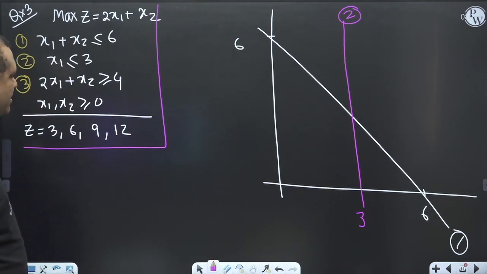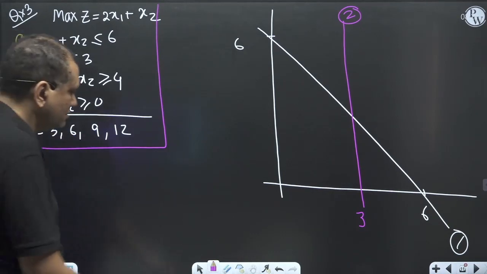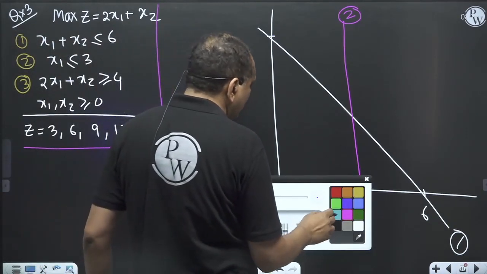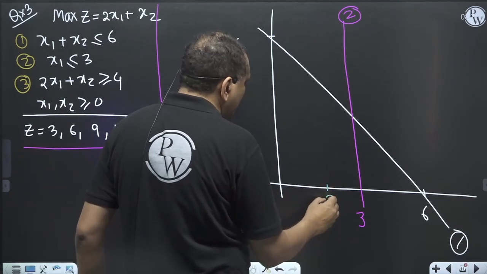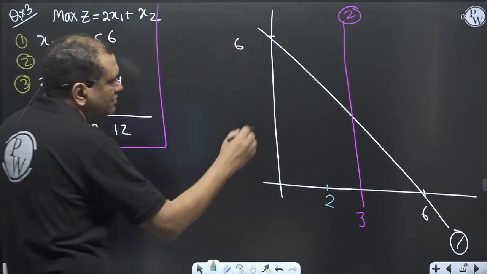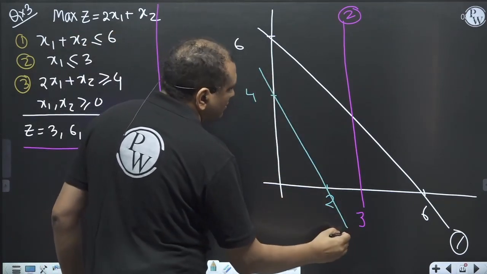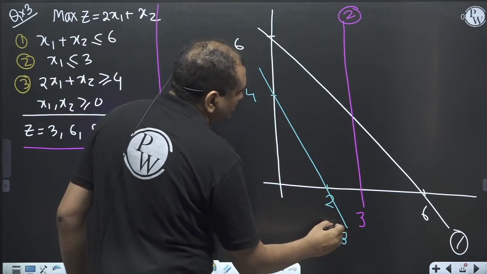Now the third constraint is x1 divided by 2 plus x2 divided by 4.